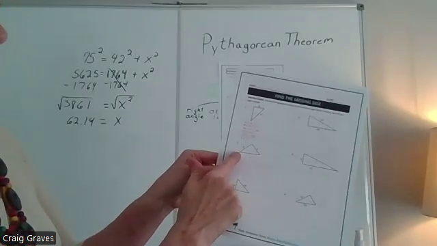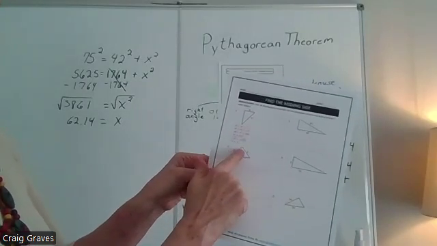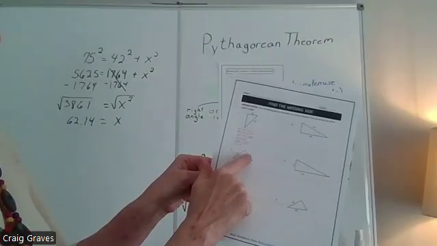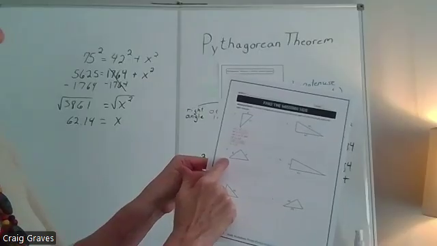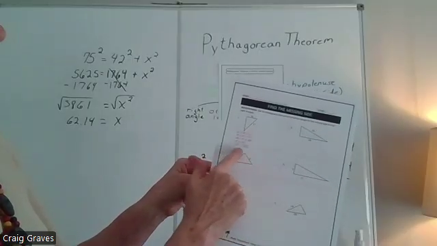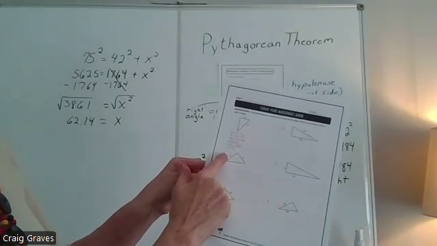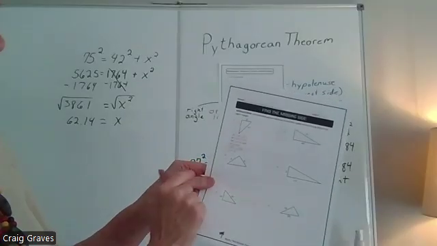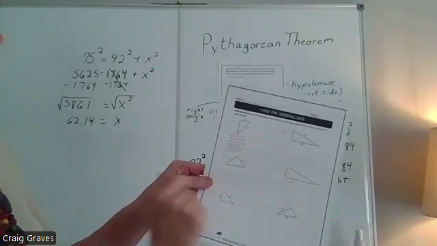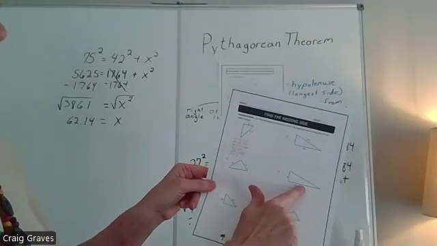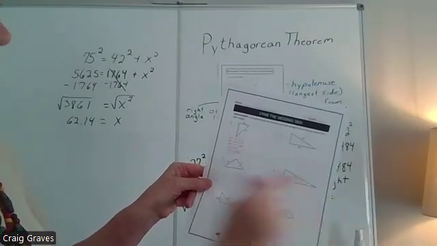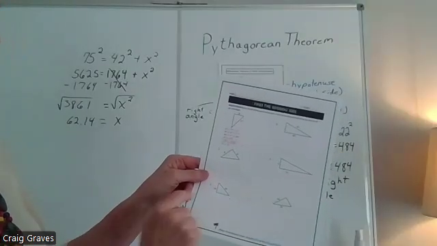Now, number 3 is different because this looks like it's the right angle. So the hypotenuse is what's missing. So you're going to do 6 squared plus 8 squared equals the hypotenuse squared. And the same with number 4. These two are the legs. So 5 squared plus 12 squared will give you the hypotenuse squared.